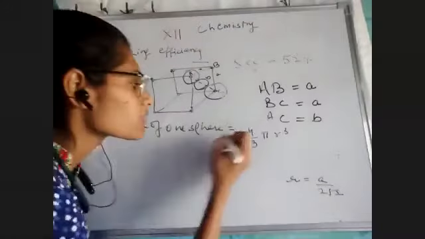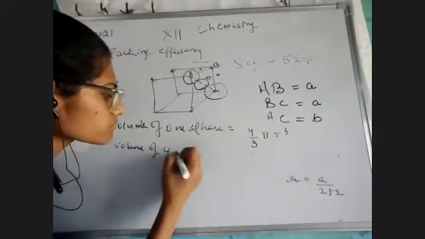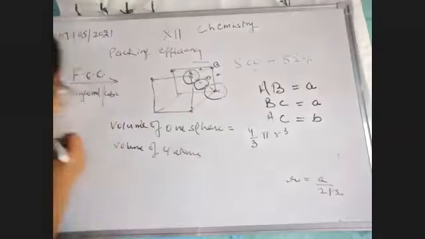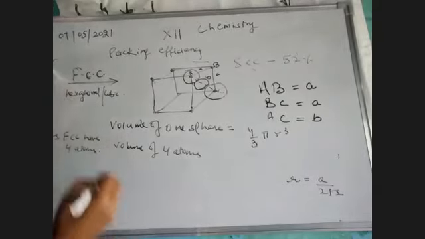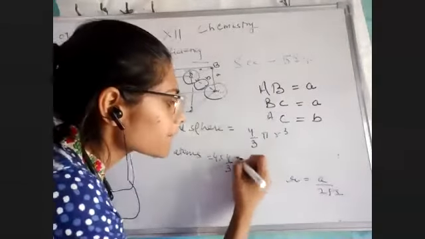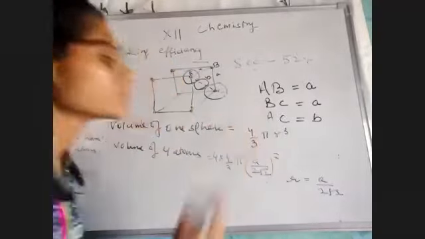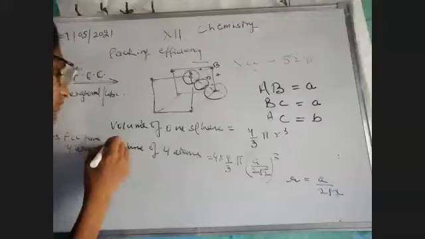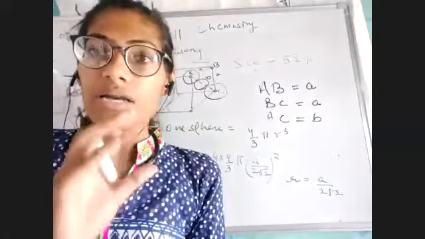So it would be 4 multiplied by 4 by 3 pi, a by 2 under root 2 cube. Okay, this is the first thing. Now, same as before, we have to calculate our cube.